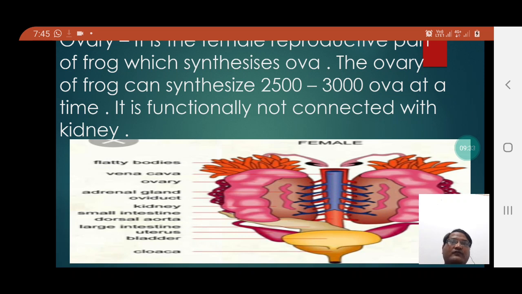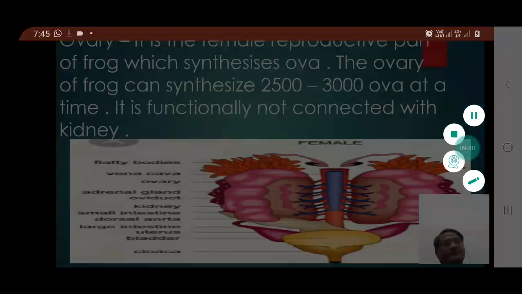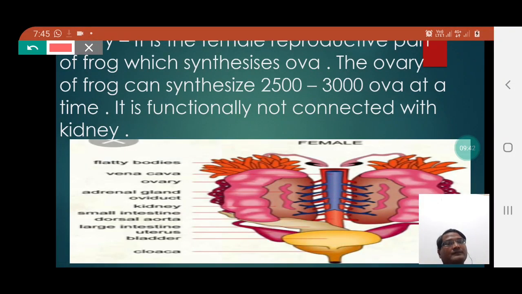And students, it is also quite different from the testis of the male frog, because male's testis was connected to the kidney, but here the ovary is not connected with the kidney.